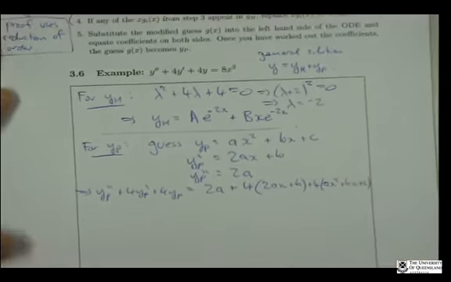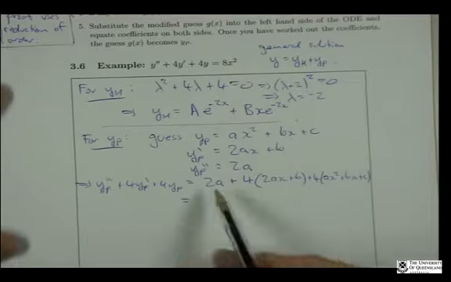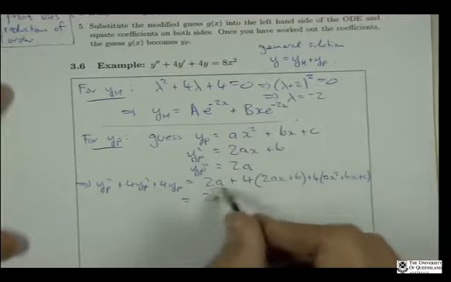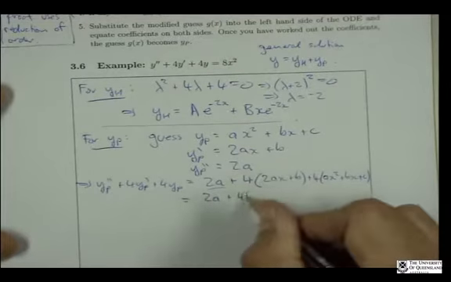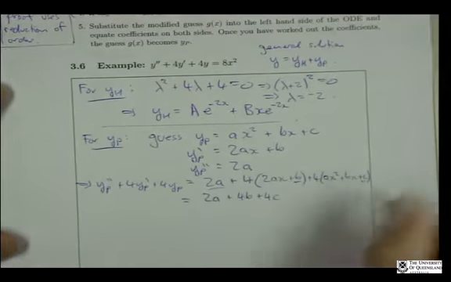All right, I guess what I could do now is just write down all the constant terms, the linear terms, and the quadratic terms, all in one expression. So what are the constant terms we have? We've got 2a here plus 4b coming from there, plus 4c coming from here.